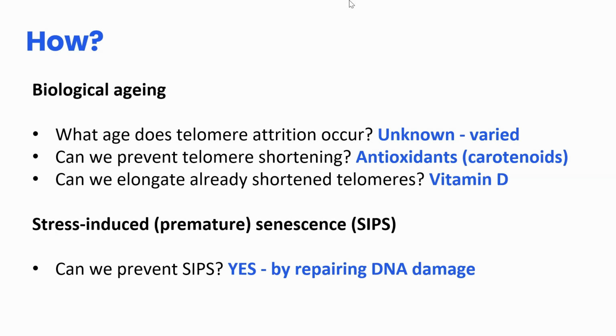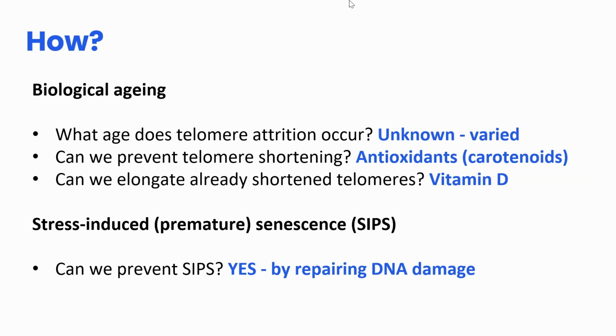These are known to prevent the shortening of those telomeres. So this is why biological aging, although it is one of the reasons why, it's a highly varied reason. So your lifestyle will dictate that more. And certainly there are things we can do to prevent it.